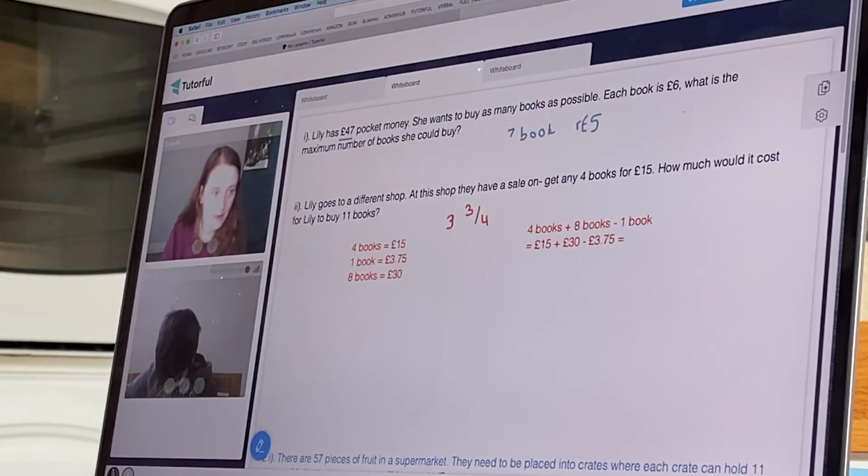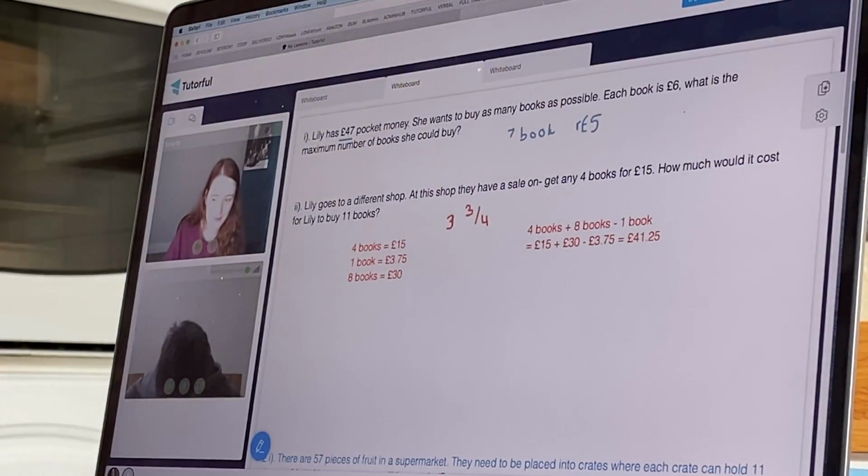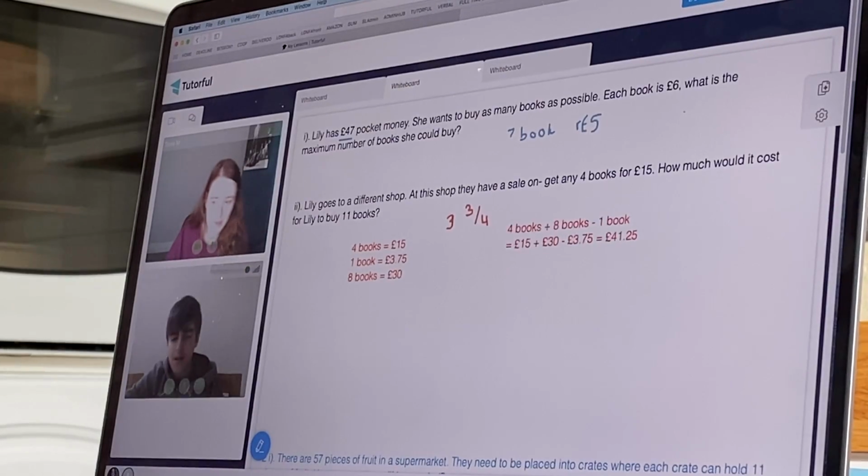What did you get? I got 4,125. Yeah, that's right. It's done it in pence. If we put that in pounds and pence, it's £41.25. I put the decimal point out. So it's £41.25. But yeah, brilliant.